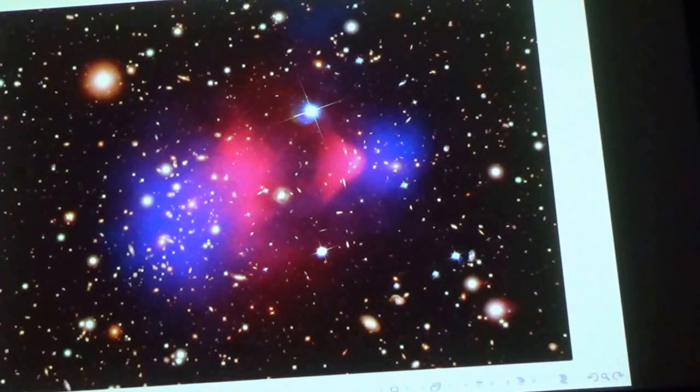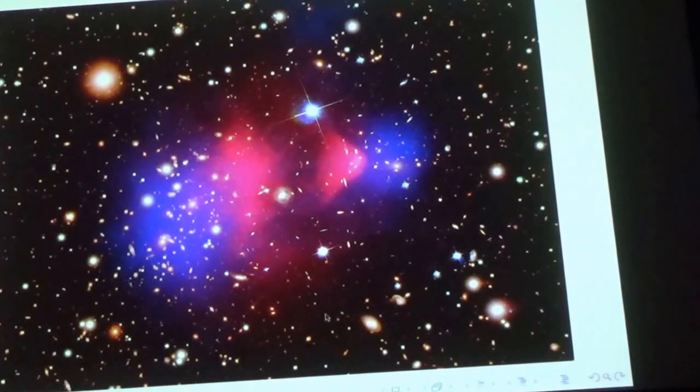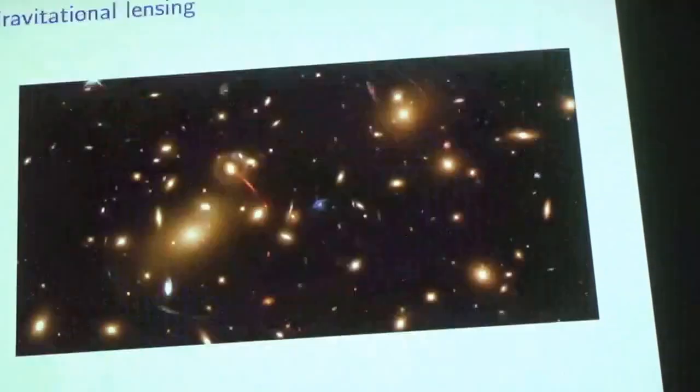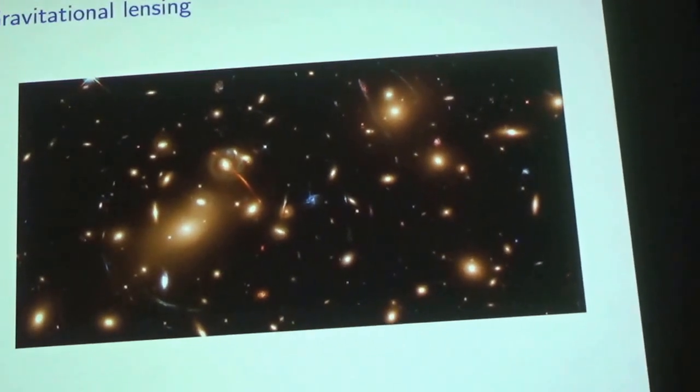collision, that the form of those galaxies has been distorted by what's called gravitational lensing. And here's an example of that.